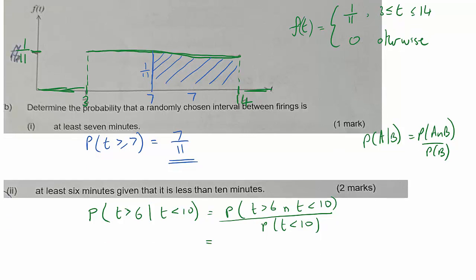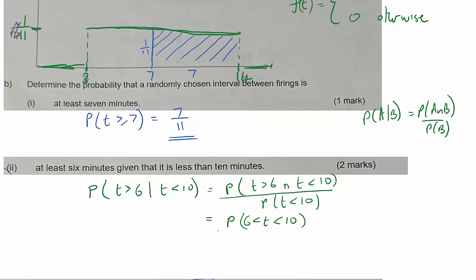Now, to be greater than 6 and less than 10, we're talking about the probability that t is between 6 and 10 divided by the probability that t is less than 10.